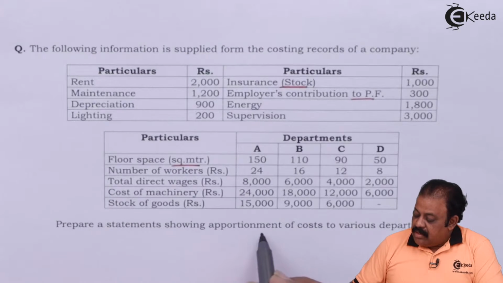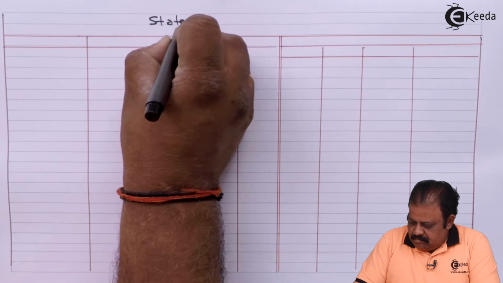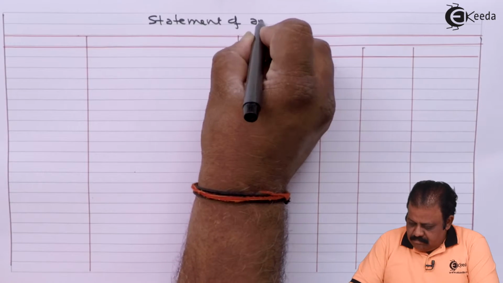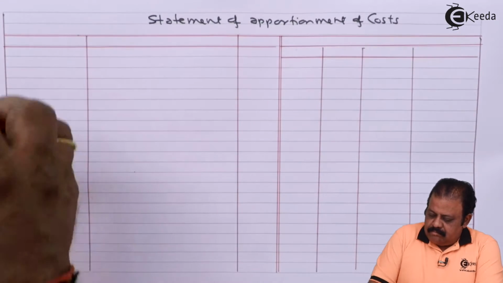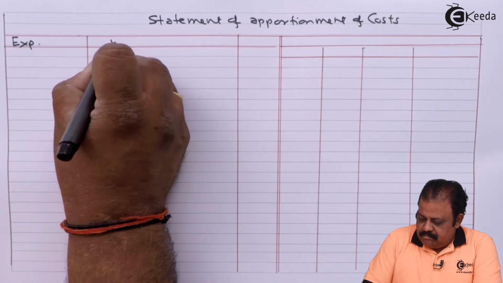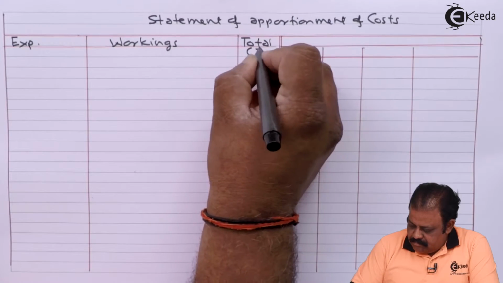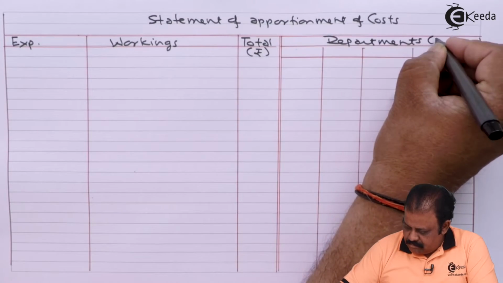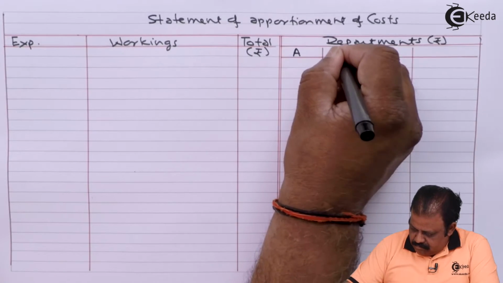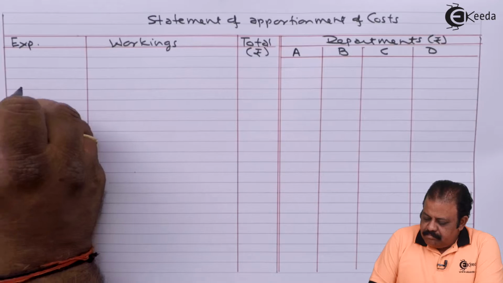Prepare a statement showing apportionment of cost to various departments. We are required to record all expenses in the first column.